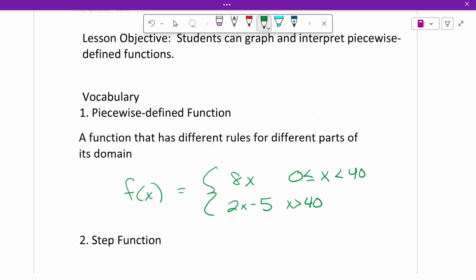So the graph changes. Okay? So we'll look at these. Hopefully you'll understand this before we're done. But that's what a piecewise function is, that it has different rules for different parts of the domain.